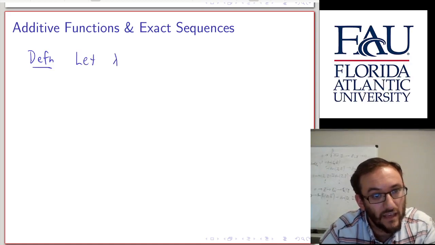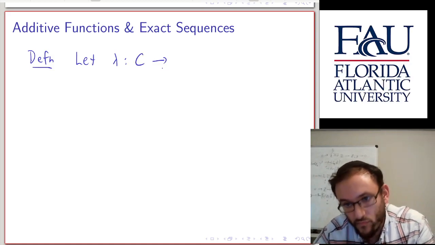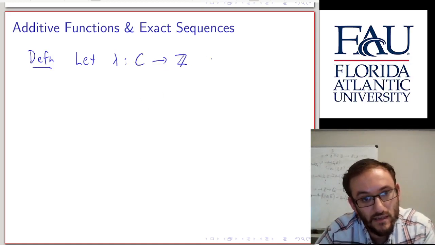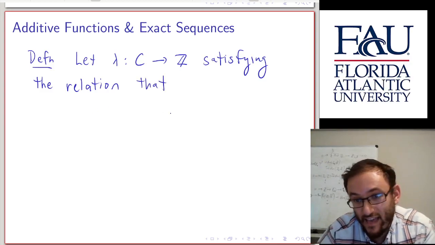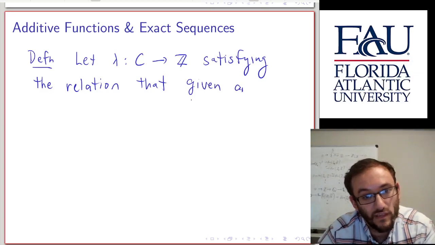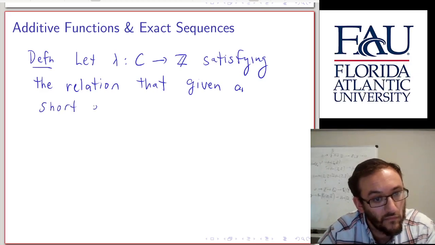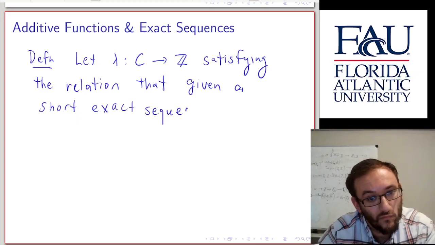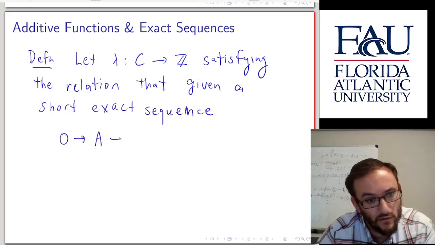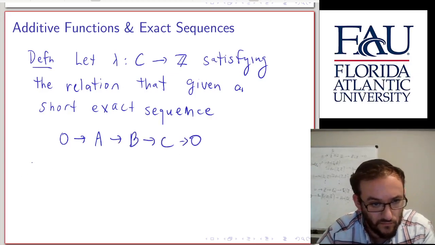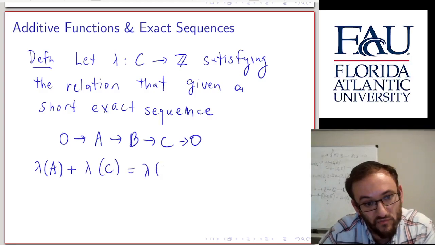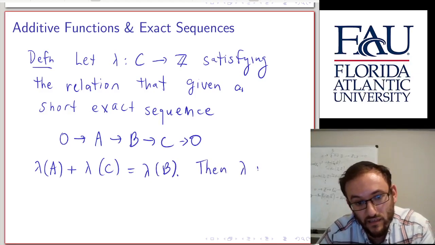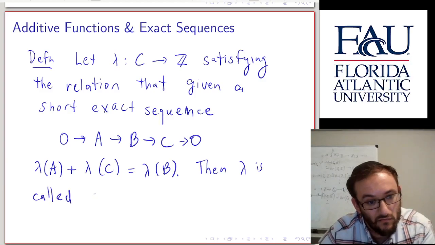Okay, so let lambda be a function on some class C of modules to Z satisfying the relation that if you have an exact sequence, let's make it a short exact sequence, zero to A to B to C to 0, lambda of A plus lambda of C is equal to lambda of B. Then lambda is called an additive function.